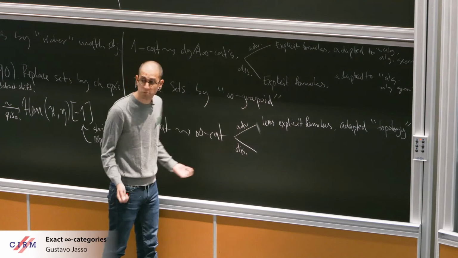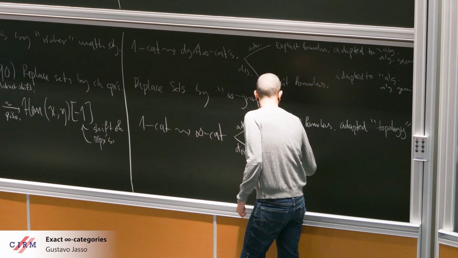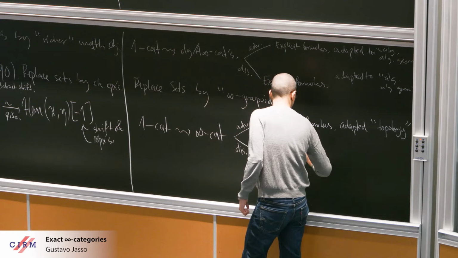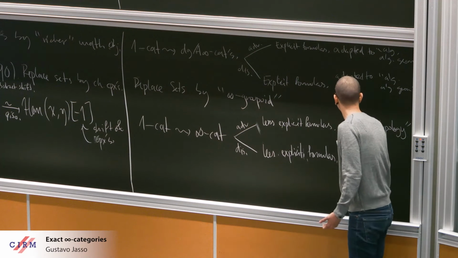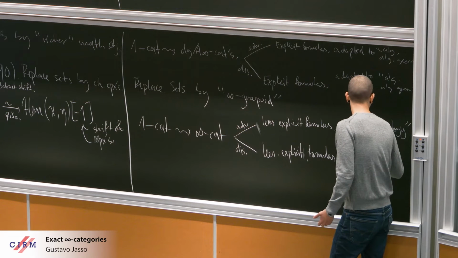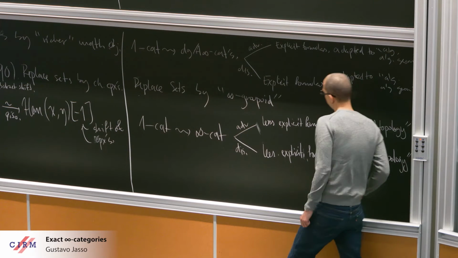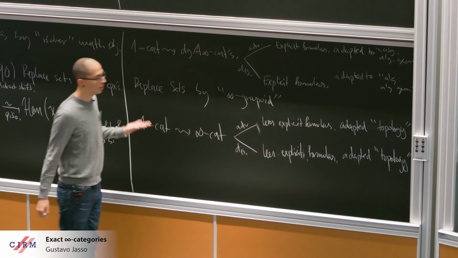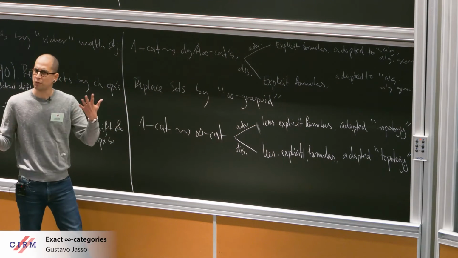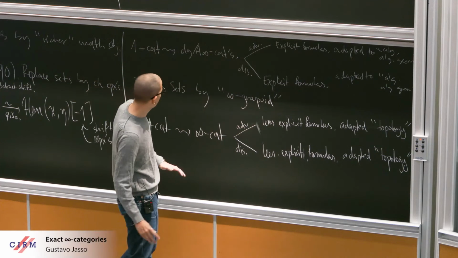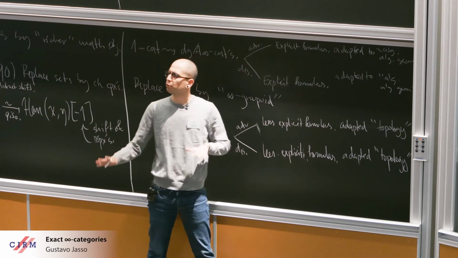And the disadvantages, among some of them, are less explicit formulas, and that it's adapted to topology. Meaning that sometimes when we're interested in a concrete category, say in representation theory, by working in this other context, the lack of formulas might make it difficult to compute.